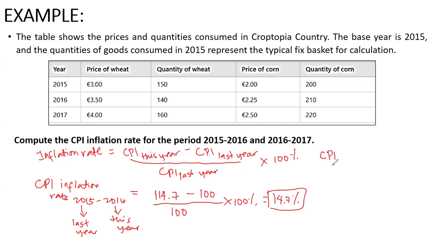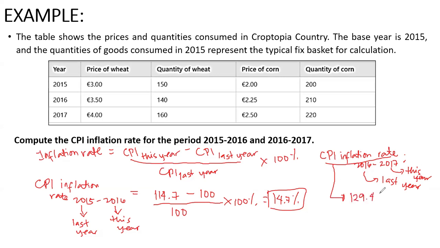Now, for the CPI inflation rate for 2016 to 2017, 2017 is our current year, while 2016 is the last year. So we have the CPI in 2017, if you still remember, that is 129.4 minus 114.7, divided by 114.7, because this is the CPI of last year, 2016, times 100 in percent.